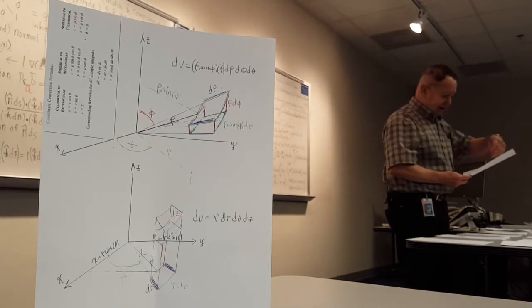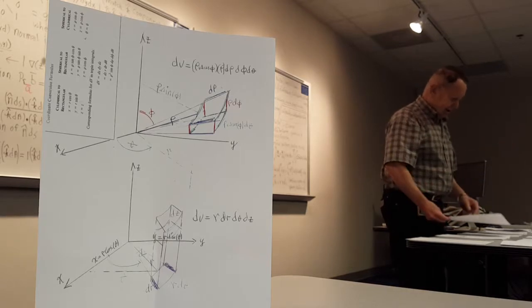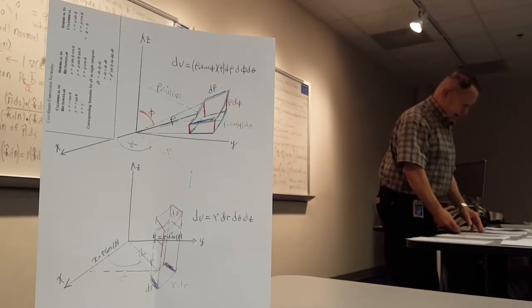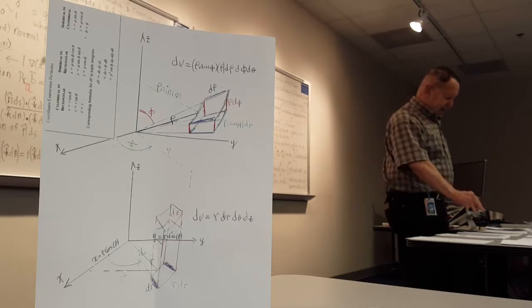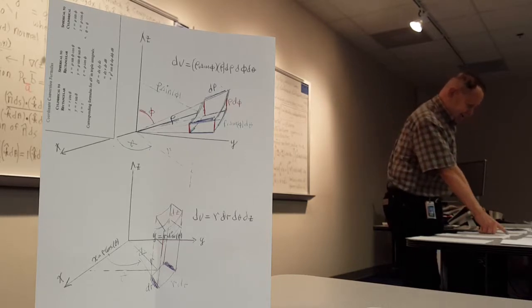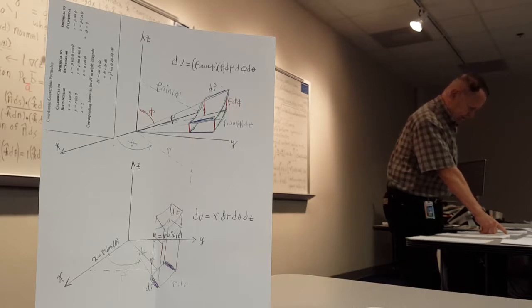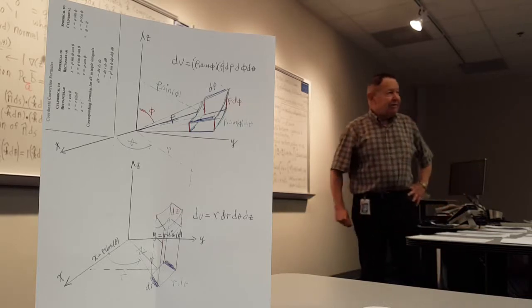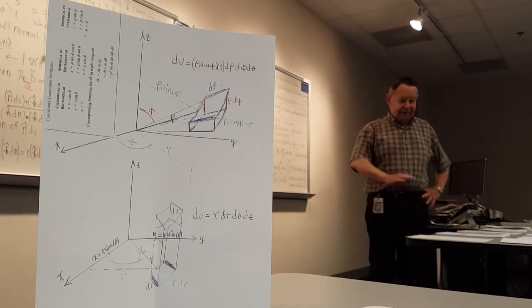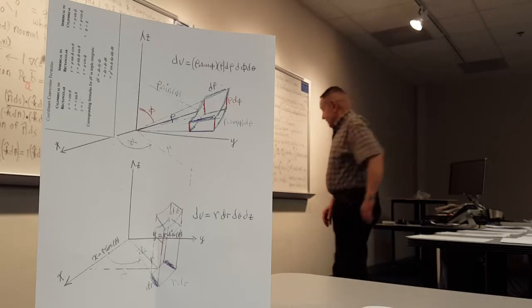So r d theta would be the green arcs. And then we said that we think of the differential volume as the product of rho sine phi and rho, and then d rho d phi d theta. And we were doing triple integrals with that sort of thing in mind.